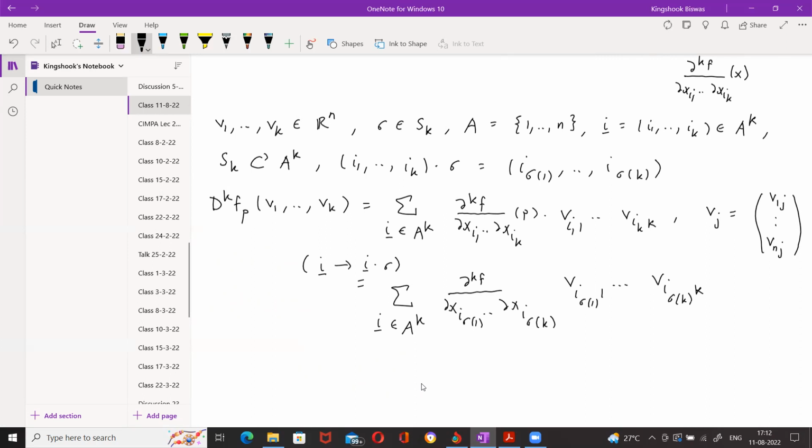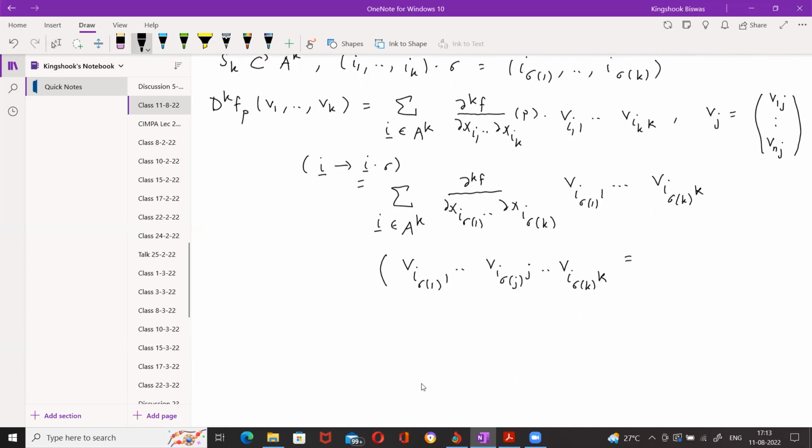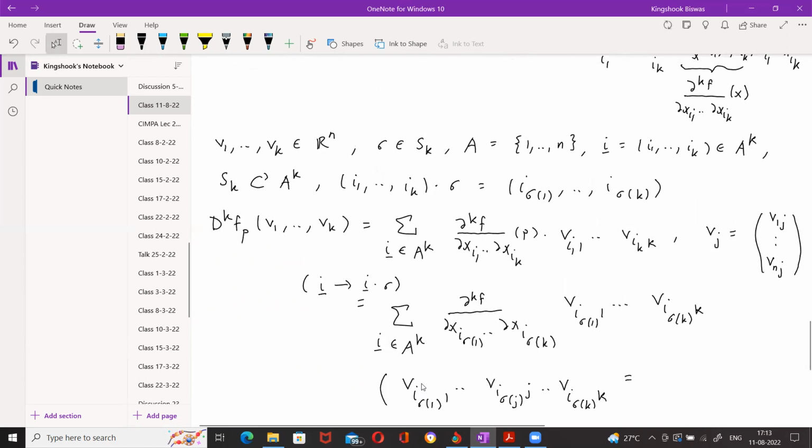Now, if I look at this product here, v_{i sigma 1, 1} up to, the general term will be v_{i sigma j, j}, up to v_{i sigma k, k}. Here sigma 1 up to sigma k is just a permutation of 1 to k.